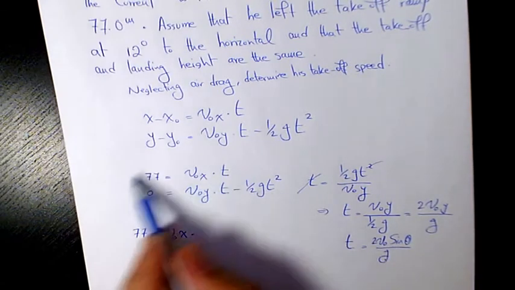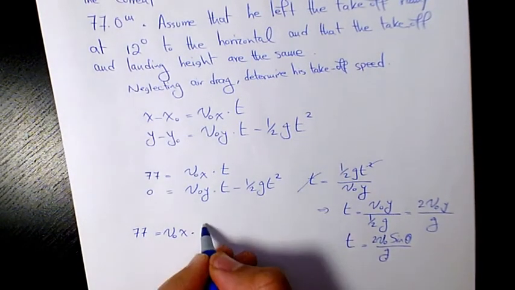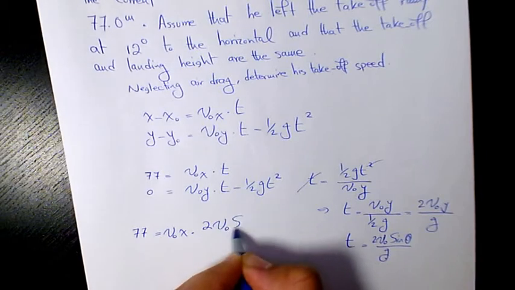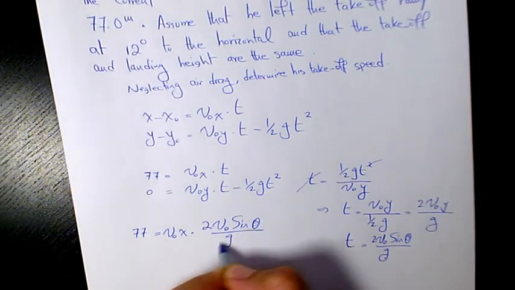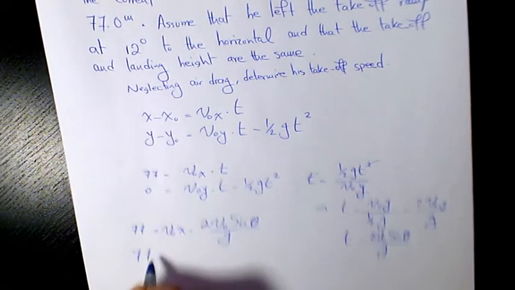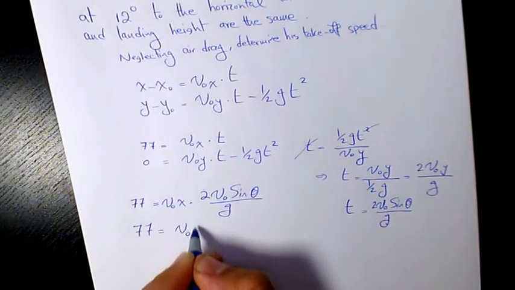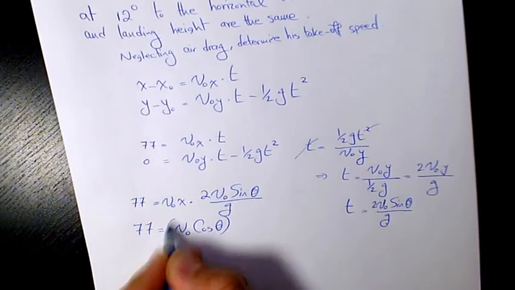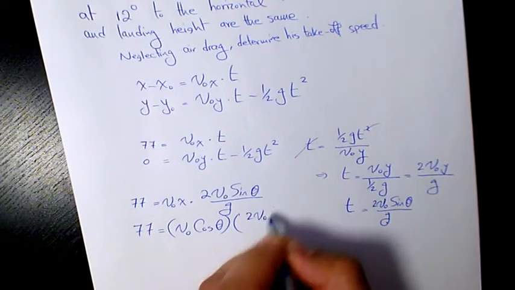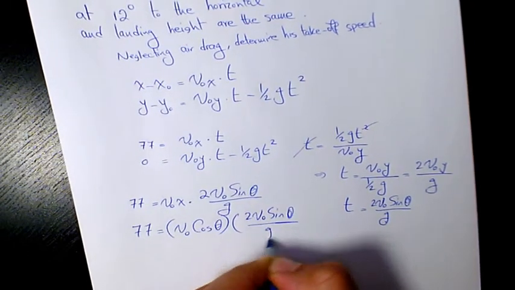So now in this equation, instead of t, I'm going to put 2 v naught sine theta over g, and v naught x is v naught cosine theta times 2 v naught sine theta divided by g.